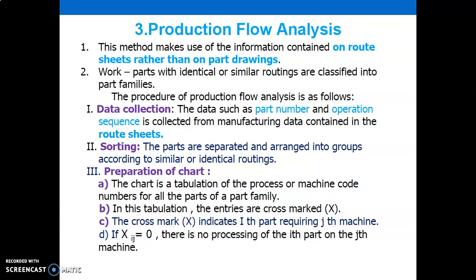In this tabulation, the entries are cross marks. The cross mark X indicates the ith part requiring the jth machine. If Xij is equal to 0, there is no processing of the ith part on the jth machine.